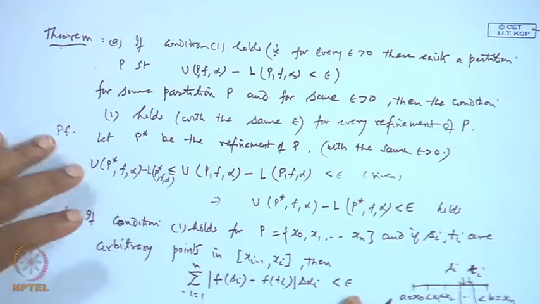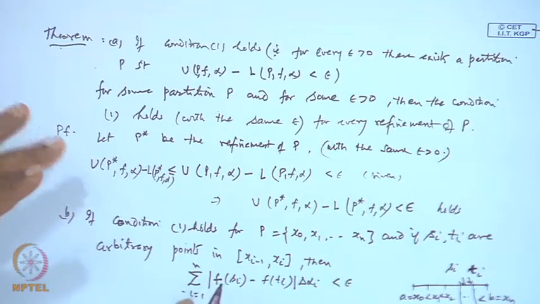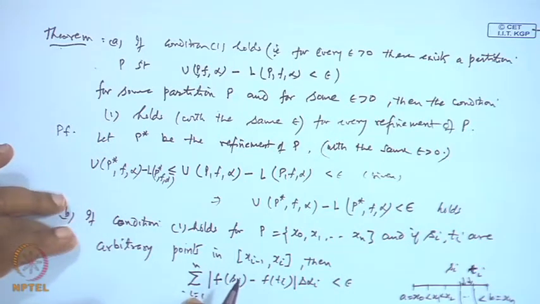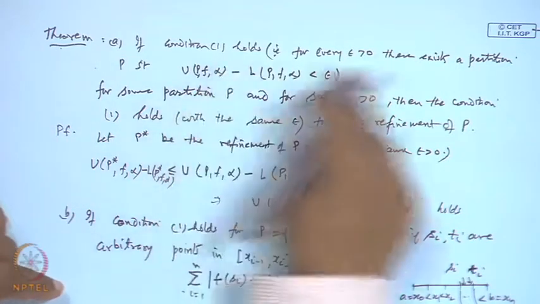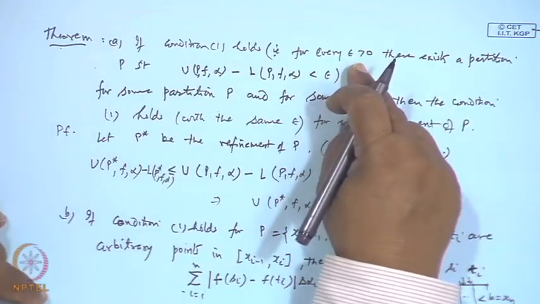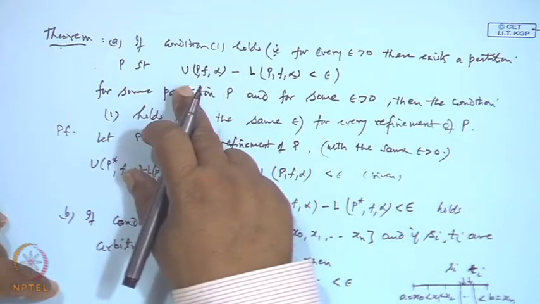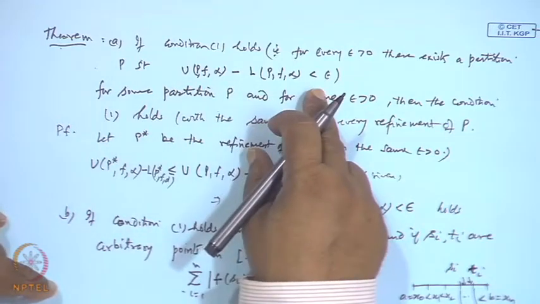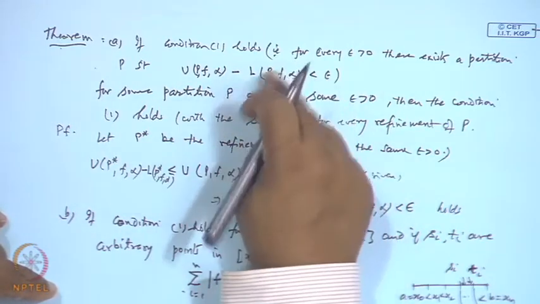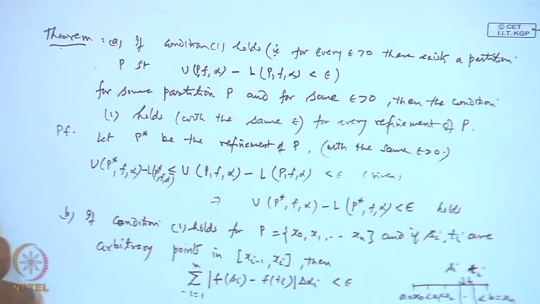That is what it says: if condition 1 holds, that is, if there exists a partition such that the upper sum minus lower sum is less than epsilon, then this condition will also hold.